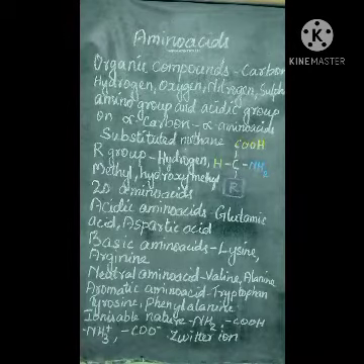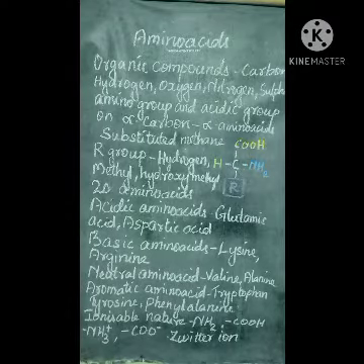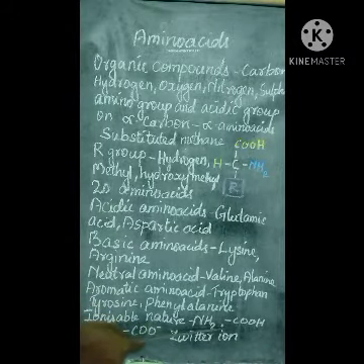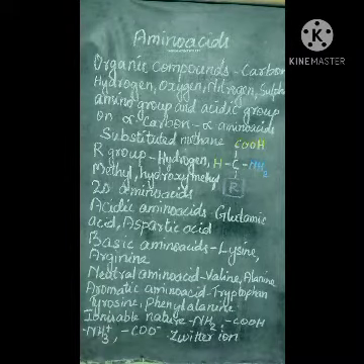A peculiar property of amino acids is the ionizable nature of the amino group and carboxyl group to NH3+ and COO- ions. So here is how it happens: the hydrogen atom from the carboxyl group will be transferred to the amino group.